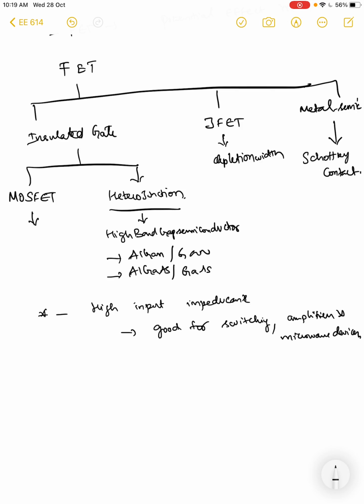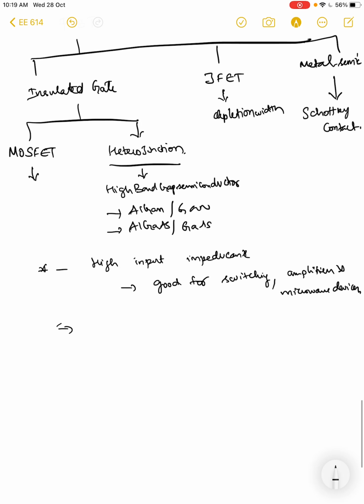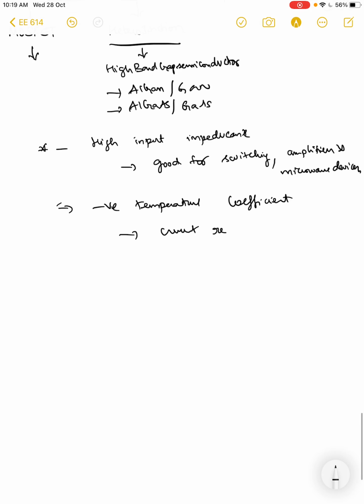The second advantage is it has a negative temperature coefficient, in the sense that the current reduces with an increase in temperature. It is important because you do not have what is called thermal runaway. We saw in the BJT what is called a thermal instability.